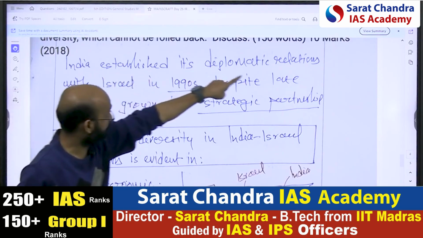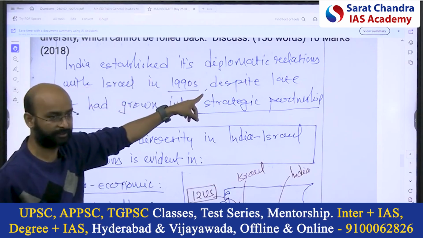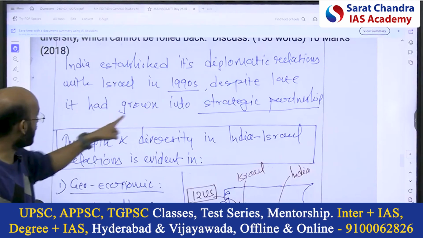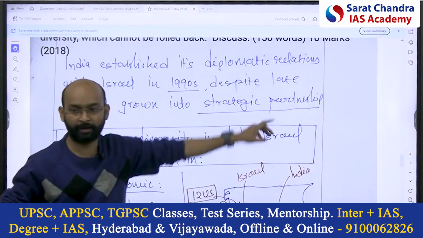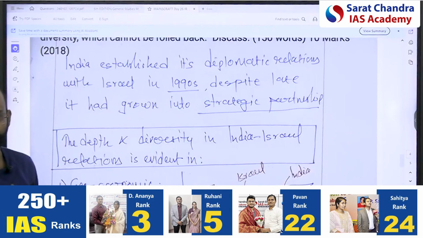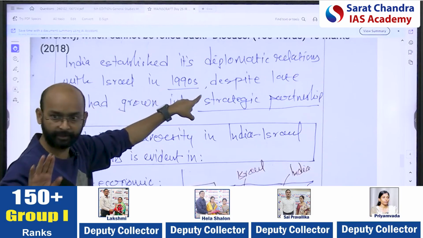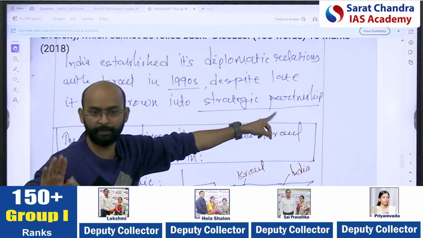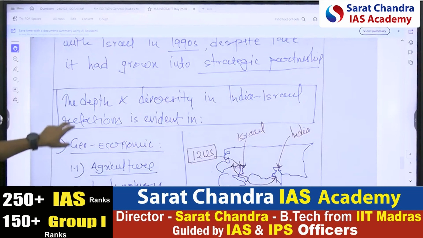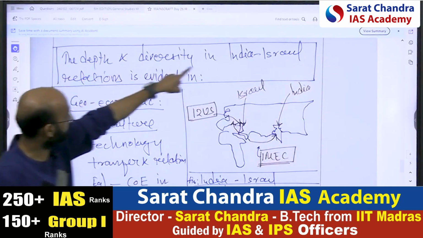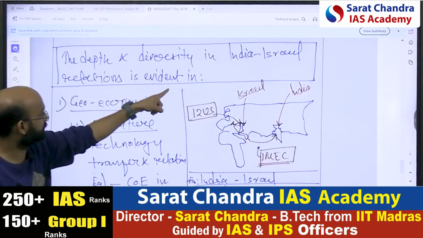India established its diplomatic relation with Israel in the 1990s. Despite being late, it has grown into a strategic partnership which we have signed with them. Okay? So see, I am underlining the year 1990 and the keyword strategic partnership. Going to the next point, the depth and diversity in India-Israel relationship.